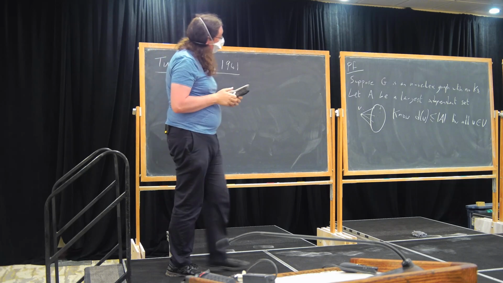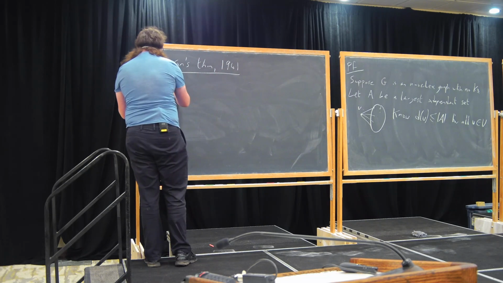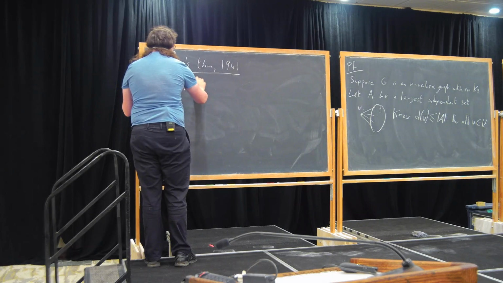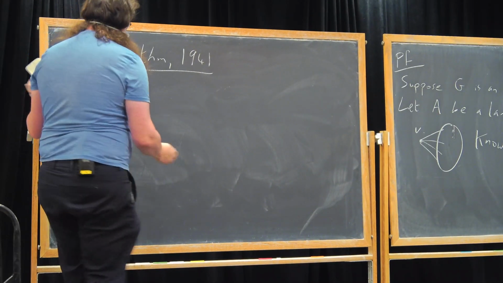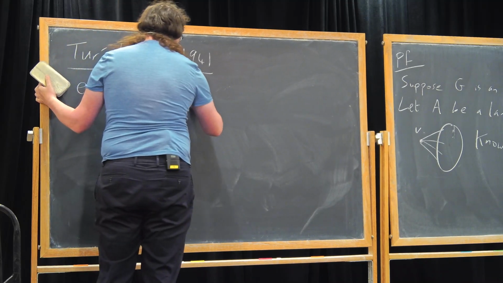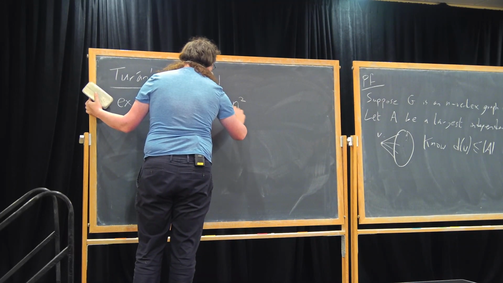Okay, so the extremal number now of the complete graph with r vertices, so this is again the complete graph with r vertices, is at most (1 minus 1 over r minus 1) times n squared over 2.